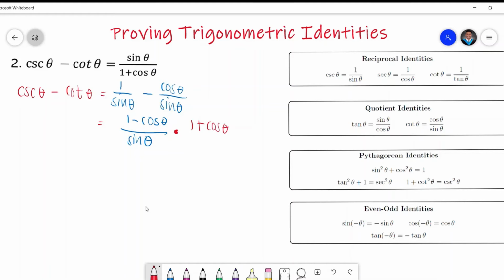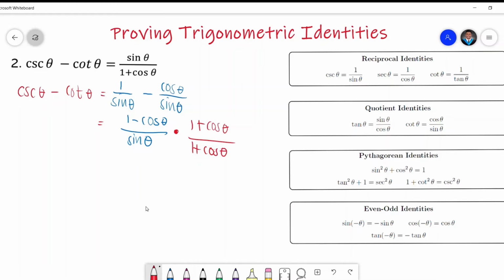So that means, we just multiply the conjugate of 1 minus cosine theta on both numerator and denominator. And this is one of the strategies in simplifying and proving trigonometric identities.